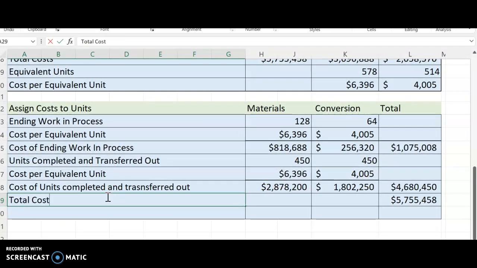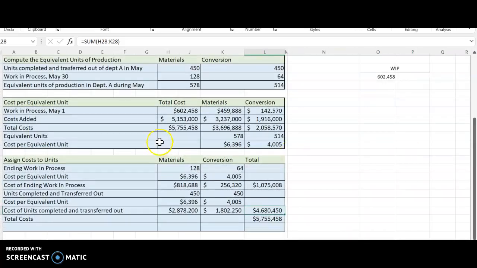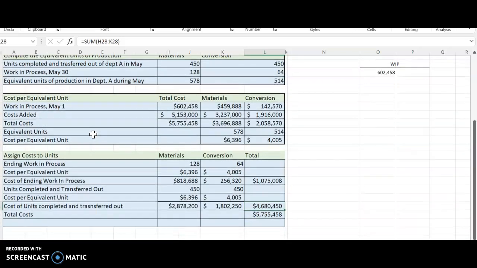But the difference is we have allocated it correctly to what needs to go in work in process and to what needs to be in completed and transferred out. So what we did is take the total cost and use the cost per equivalent unit. We calculated the equivalent units of production so we can get the cost per equivalent unit and apply out the cost correctly.